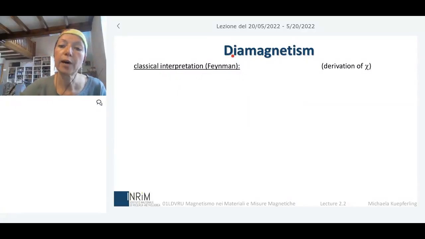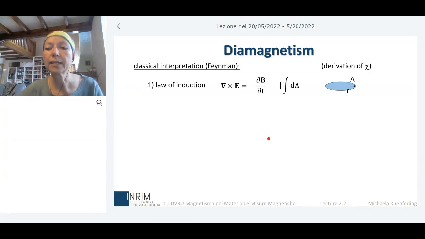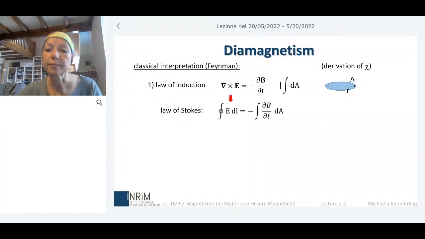But of course, it's a very nice idea to understand diamagnetism. And in fact, Feynman did this classical interpretation of diamagnetism, and we can derive in this way the diamagnetic susceptibility chi. So let's start from the law of induction. If we have a field change, then we will, of course, have an electric field.